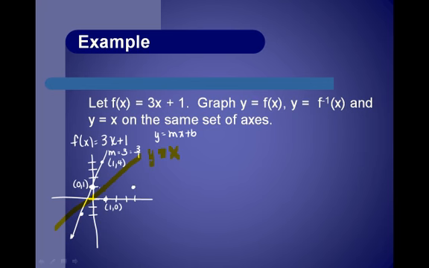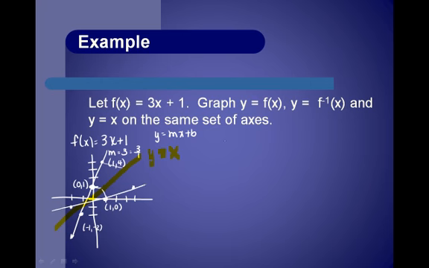So basically this point and this point are the same distance from the y equals x line. This point and this point are the same distance from that y equals x line. Now this point right here was back 1, down 2. So the f inverse would be back 2, down 1. So we get our graph that's going this way right here.